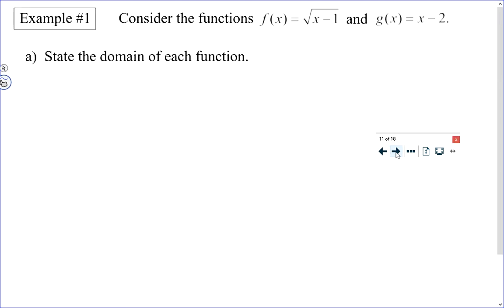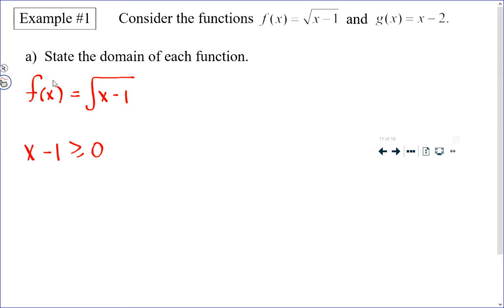Let's take a look at example 1 now. Consider the functions f of x equals root x minus 1 and g of x equals x minus 2. What is the domain of each function? Well, f of x, which is equal to the square root of x minus 1, contains a radical. And we have learned in many places in high school math that the radicand, the thing that's underneath the radical sign, must be greater than or equal to 0.